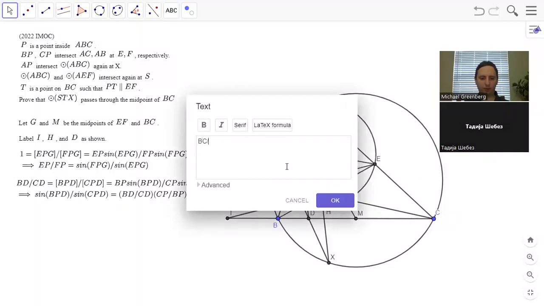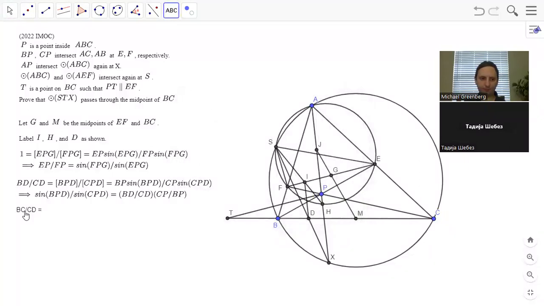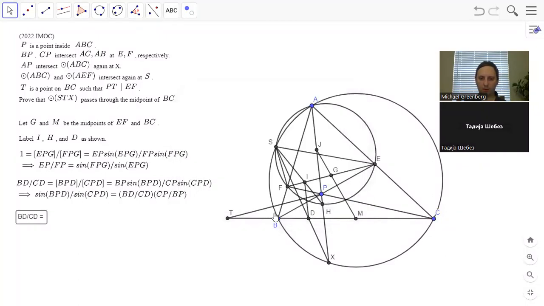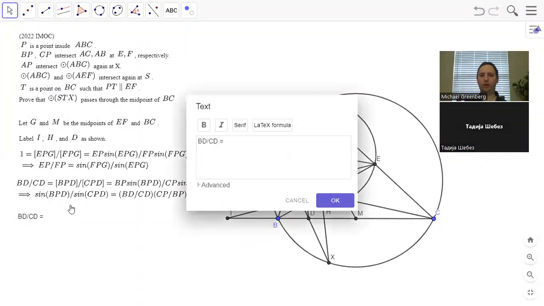So BD over CD is, yeah, kind of like what we did here. I'll just write it all out with areas, why not?